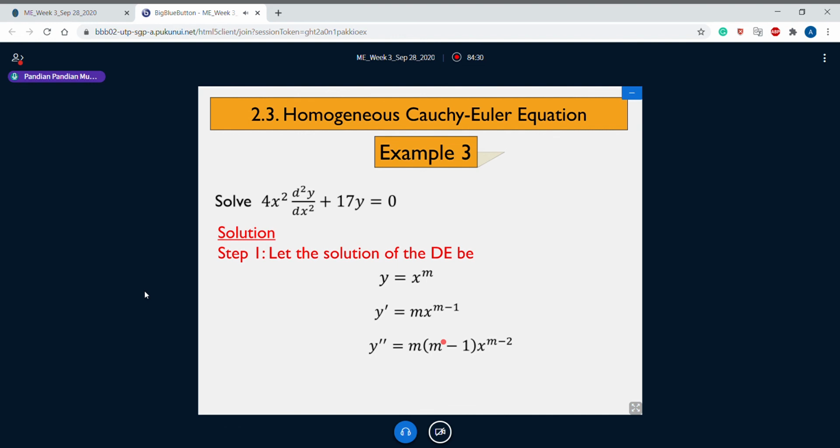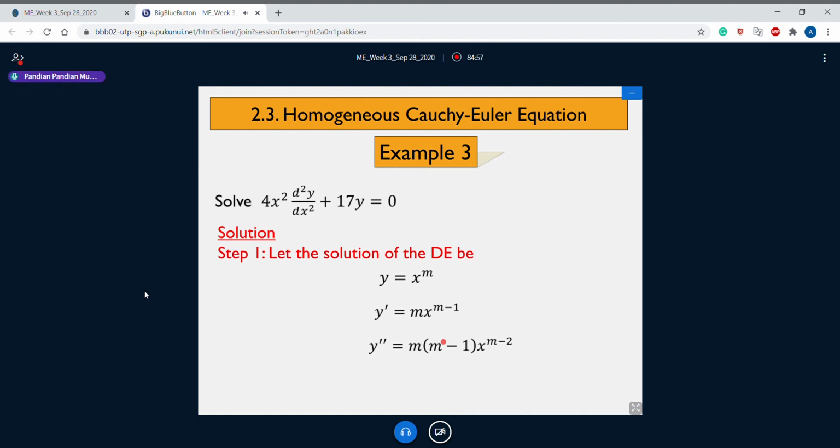4x squared d squared y dx squared plus 17y equals 0. This is a homogeneous Cauchy-Euler equation, even though you don't have the dy dx. In this case, the value for b is 0, because there is no dy dx.